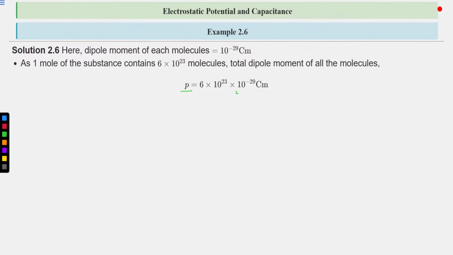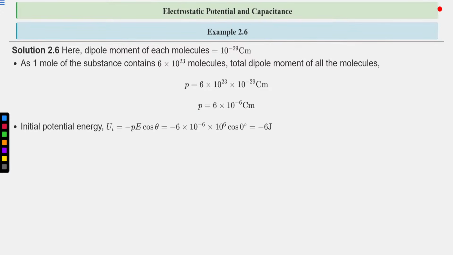This is the dipole moment of one molecule, and this is the number of molecules in 1 mole of substance, that is Avogadro's number. So the net dipole moment of all the molecules comes out to be 6 into 10 raised to the power minus 6 coulomb meter.